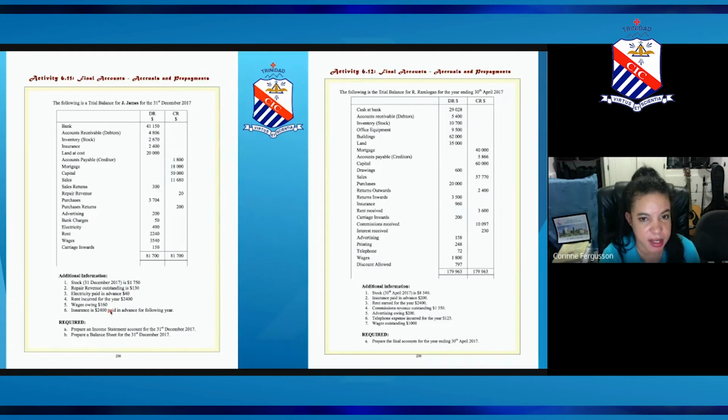Paid in advance, prepayment, you less it. So it will be the 2,400 less the prepayment of 2,400. So how much insurance is going to go into your income statement? 0. But still put it in and show your working, so that everybody knows that you understand exactly what took place. Okay?